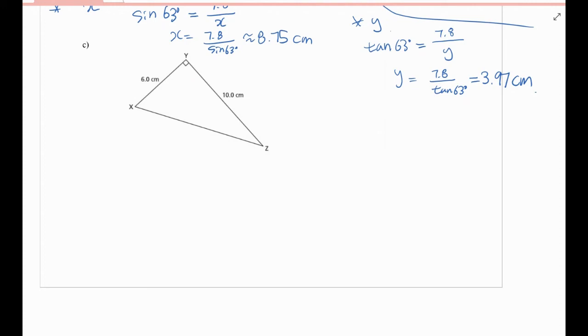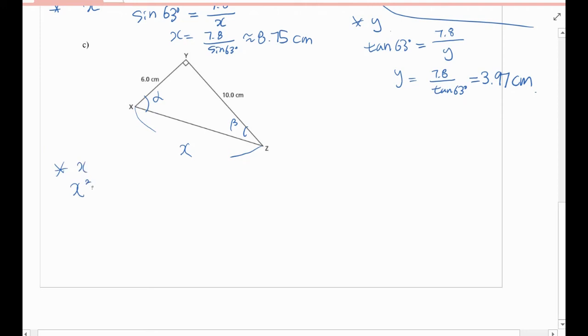And C, try C by yourself. Okay, did you pause the video and try C by yourself? Let's do it together. Here we have 6 centimeters and 10 centimeters and 90 degrees. Let this be x and let these be alpha and beta. We can easily find x using the Pythagorean theorem, right?